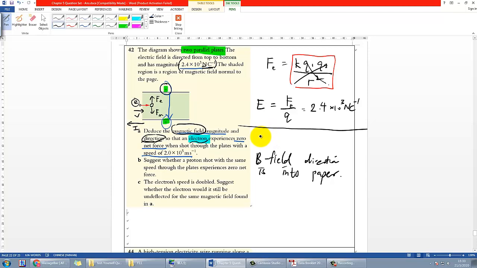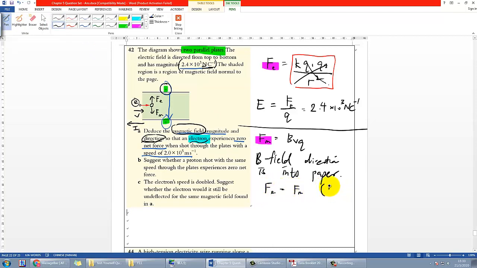And for the magnetic force Fm, it will simply be BVQ. Okay, so in order to find out the magnitude, we have to relate two equations, since we know the net force is 0, and so we could simply put Fe equals Fm.